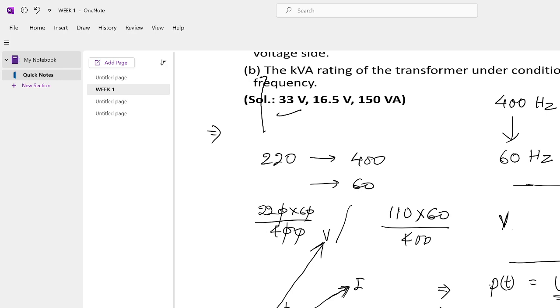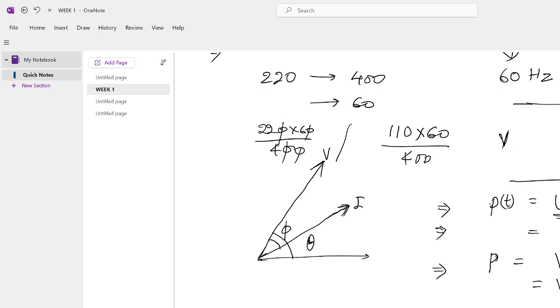Someone was asking about the conjugate. Now, when I multiply V angle theta into I angle theta minus phi and take the conjugate of it, we get V angle theta, and the conjugate means the angle turns to phi minus theta.